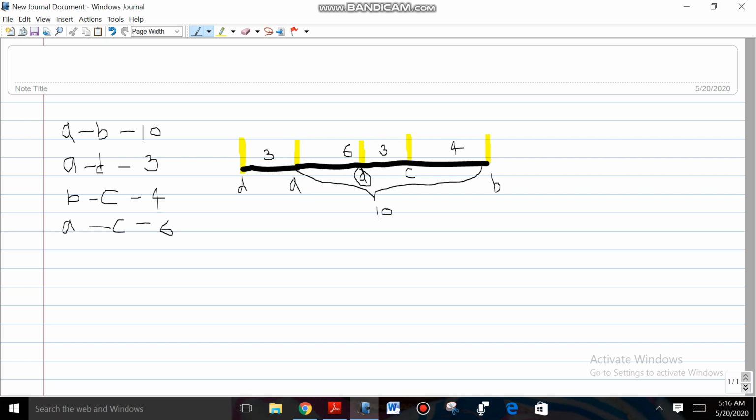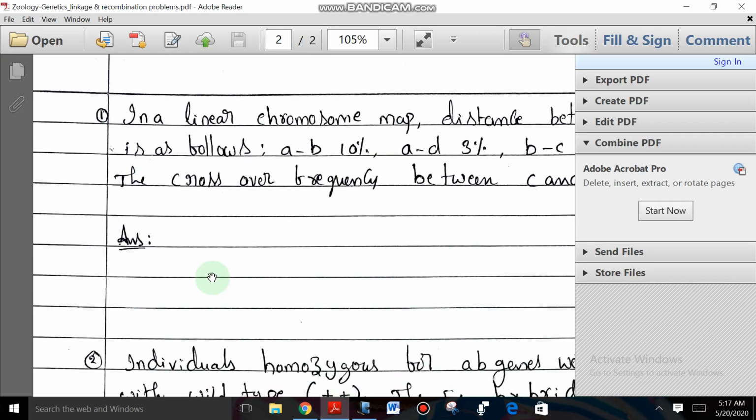So when this type of question is given, you should draw the chromosome, locate and point the genes, and assume how the gene arrangement is present as per the distance given in the question. Okay, I will send this screenshot along with the notes. So in the solution you can write this, right? Okay. So what is the answer?